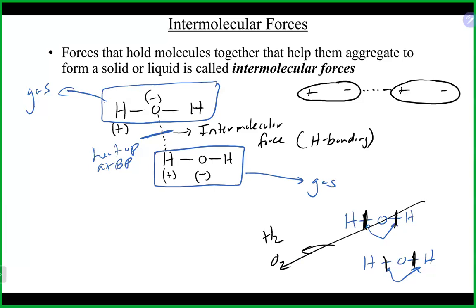And that does not happen when you heat up water. You don't get hydrogen gas or oxygen gas. You get steam, which is still water. So we know definitely that each individual water molecule stays intact. What ends up happening is they just break apart from each other rather than each individual molecule completely breaking apart.